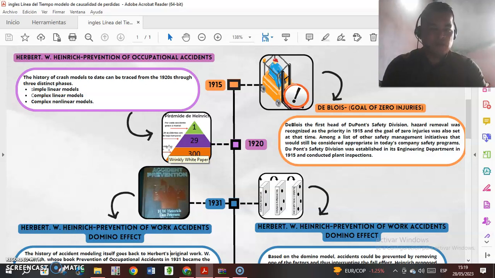The DuPont Safety Division was established with its engineer department in 1915, for plant inspection. In 1931, accident prevention, the Edward Heinrich prevention.